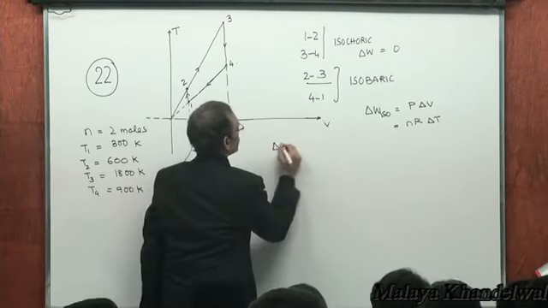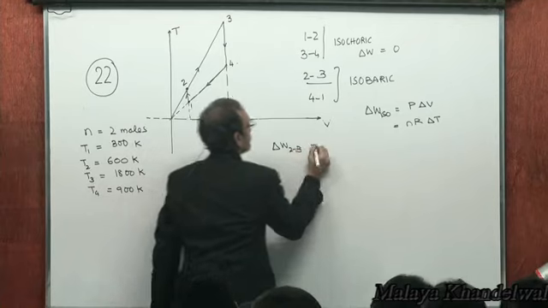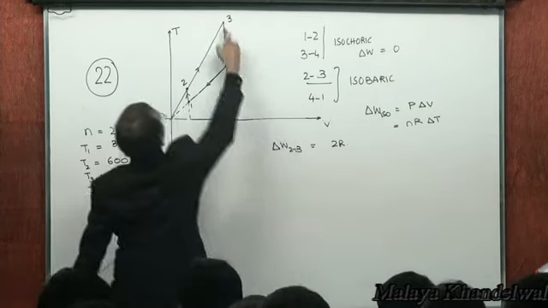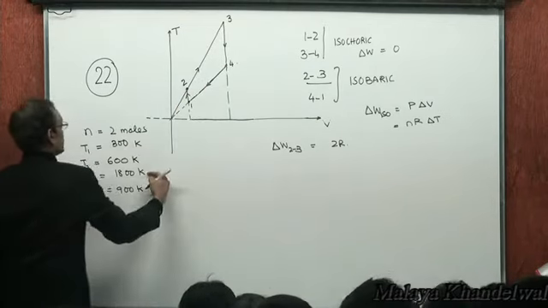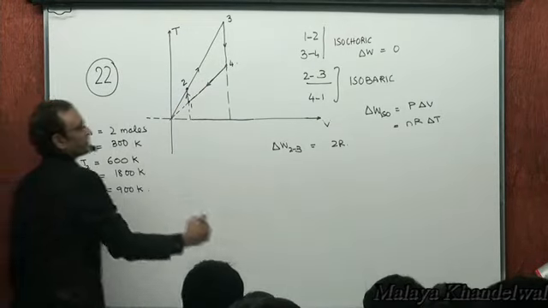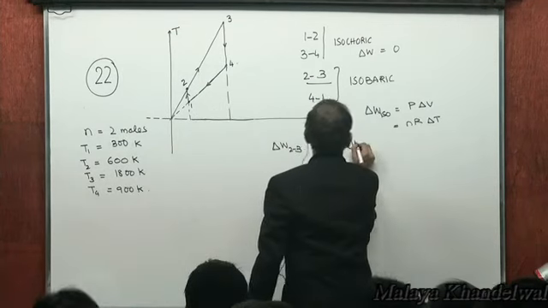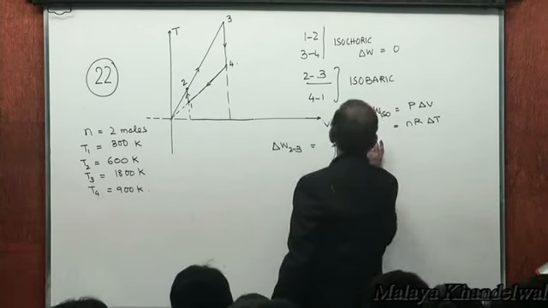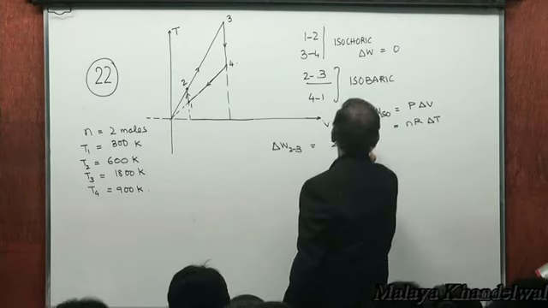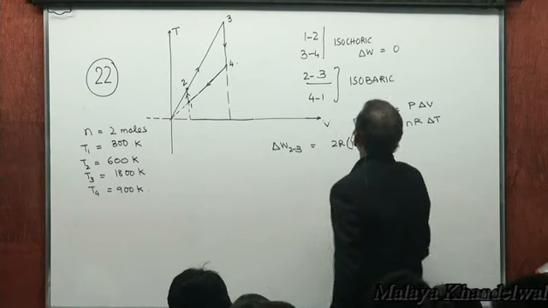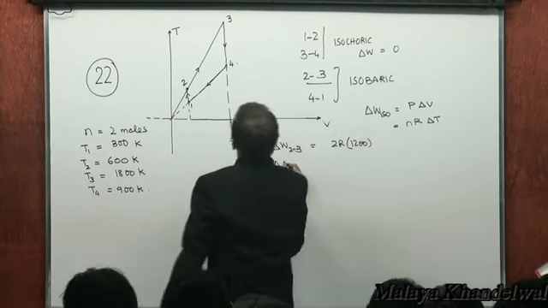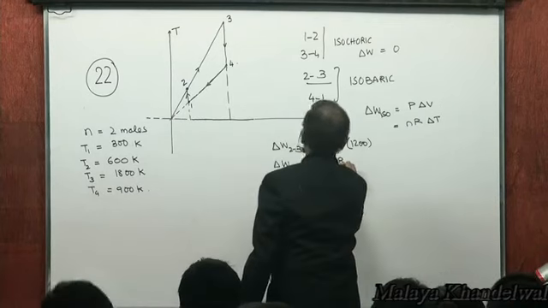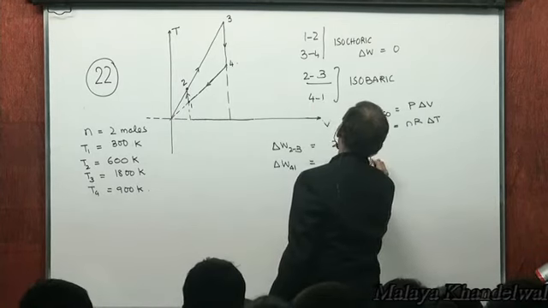So work done in 2-3 would be N, which is 2R, into final temperature T3 minus initial temperature T2. T3 minus T2, 1200. So sorry, that's 1200. And work done in 4-1 is NR into T1 minus T4, negative work done.